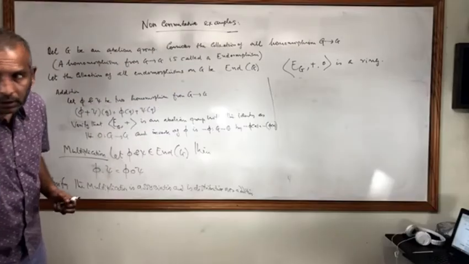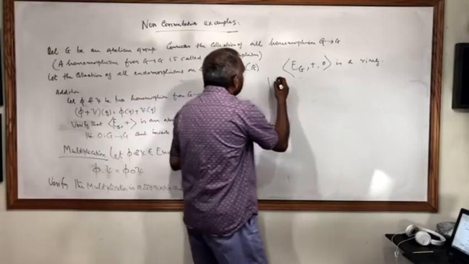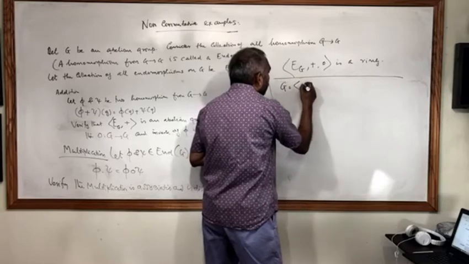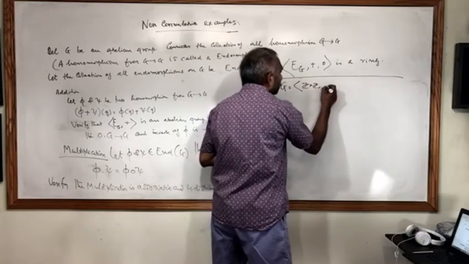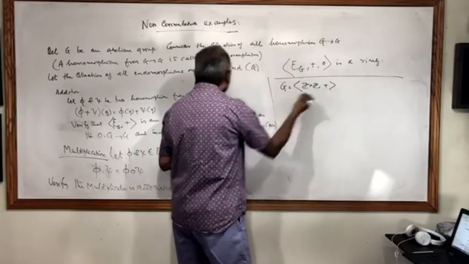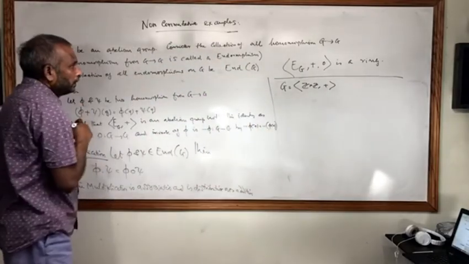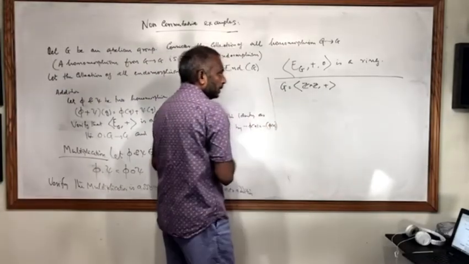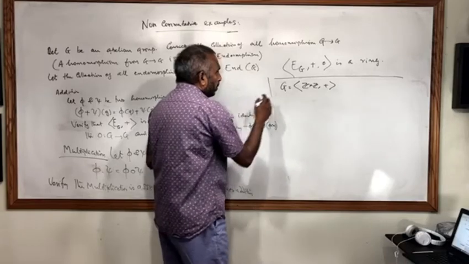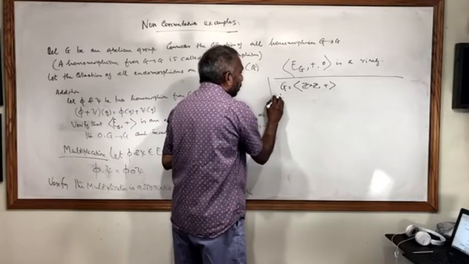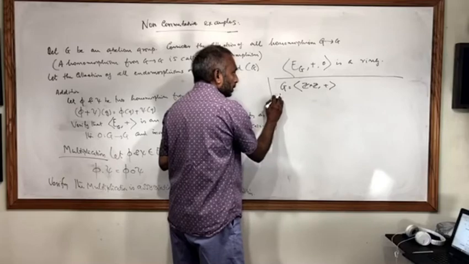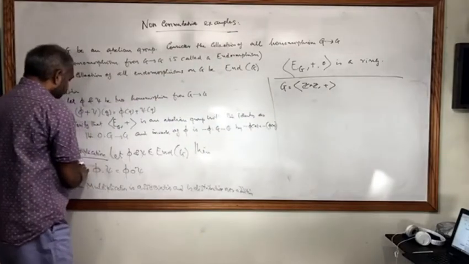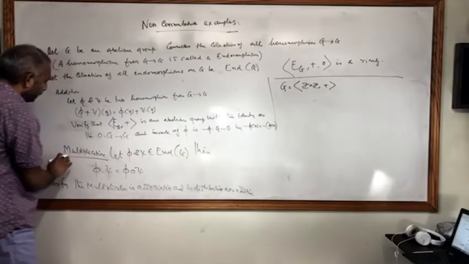So here we are going to take G as the additive group of Z cross C. This is an abelian group, so we have to start with an abelian group, and we are going to take all the endomorphisms on G, and define two endomorphisms that will not be commutative when you consider the multiplication.